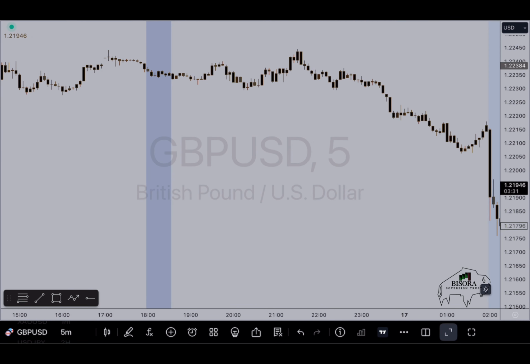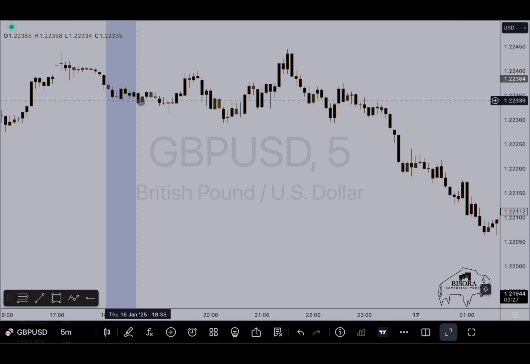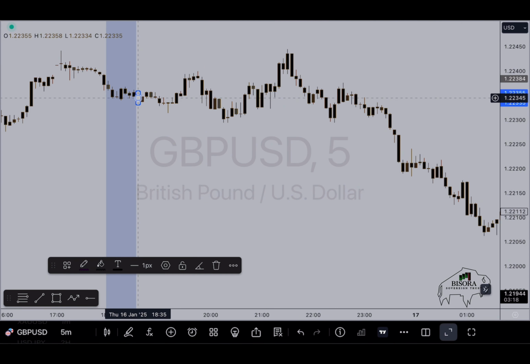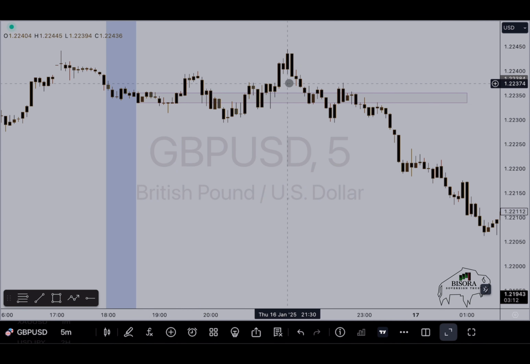And I'm going to start with the Asian session on this one, just to see what we had present to us in those moments. This would be our Asian break. So I'm going to go ahead and highlight that for all to see. We already have the market moving away. This was definitely not a one-touch level.